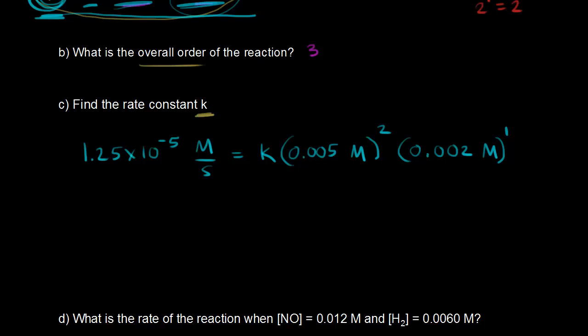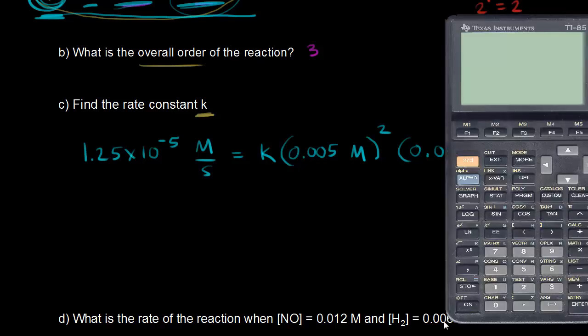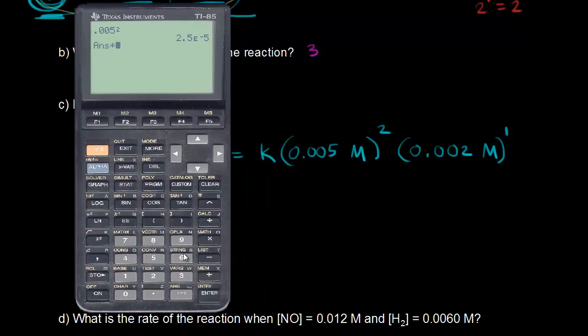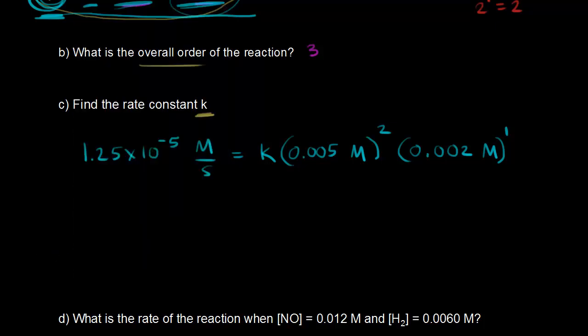So let's go ahead and do that. Let's get out the calculator here. And we could say 0.005 squared gives us 2.5 times 10 to the negative 5. We need to multiply that by 0.002. So on the right side, we would have 5 times 10 to the negative 8. Think about your units.